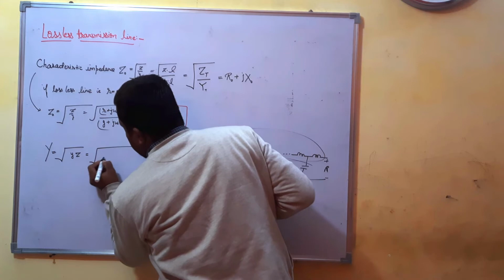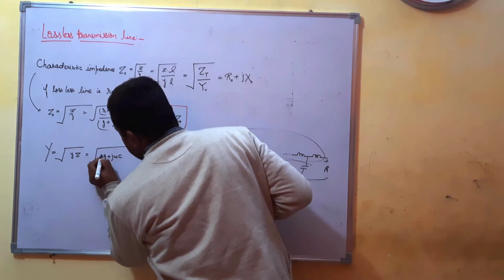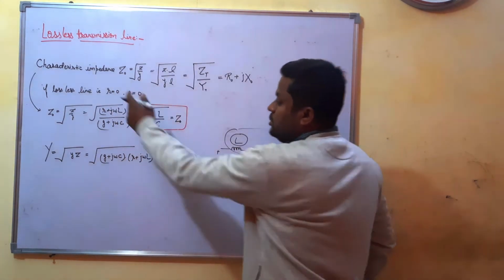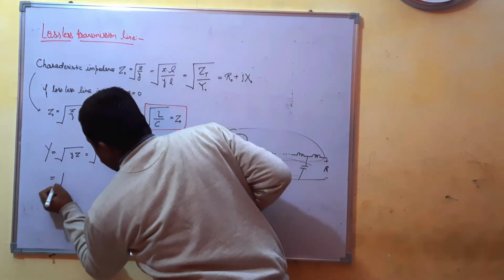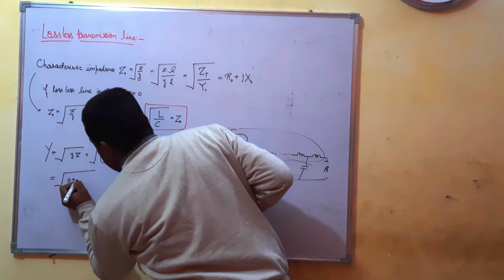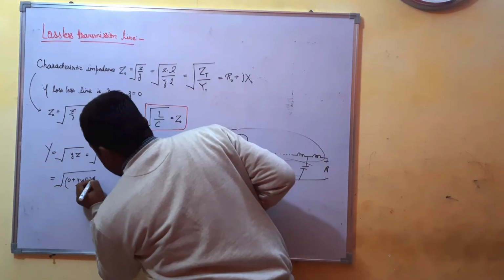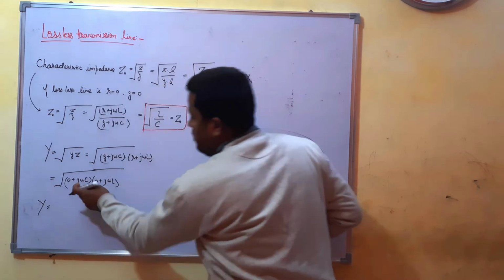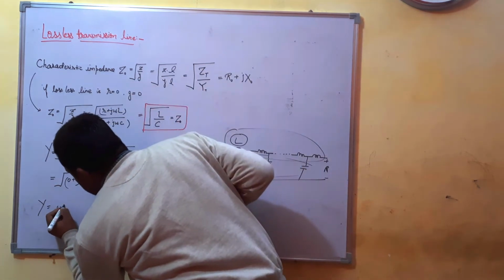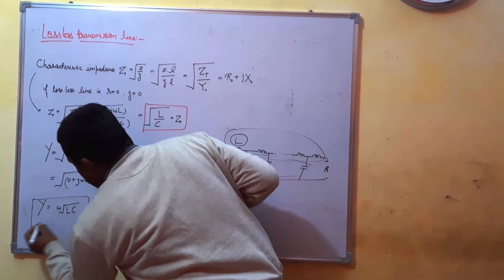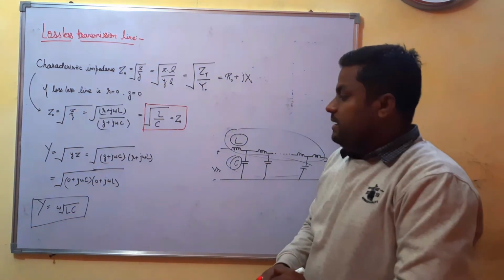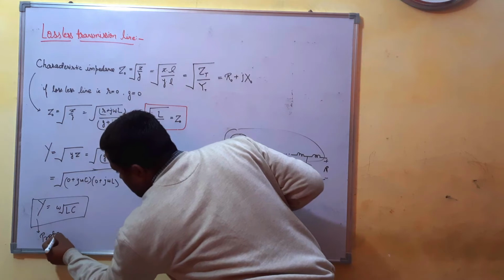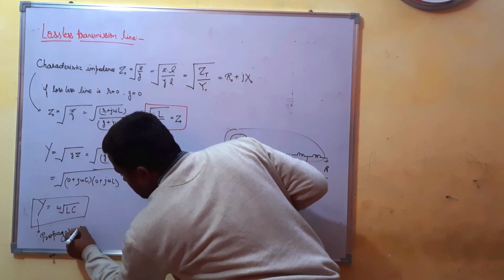This can be written as the square root of G plus j omega C into R plus j omega L. Now for a lossless line, put 0 plus j omega C and 0 plus j omega L. So gamma becomes omega square root of L C. Gamma is called the propagation constant.